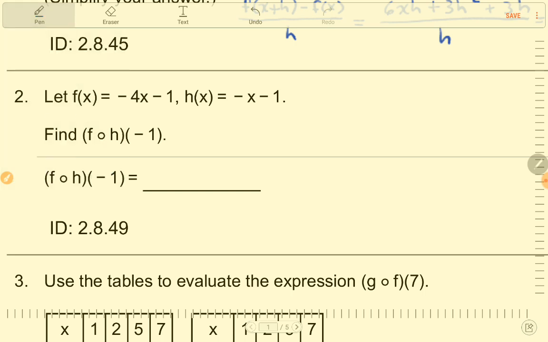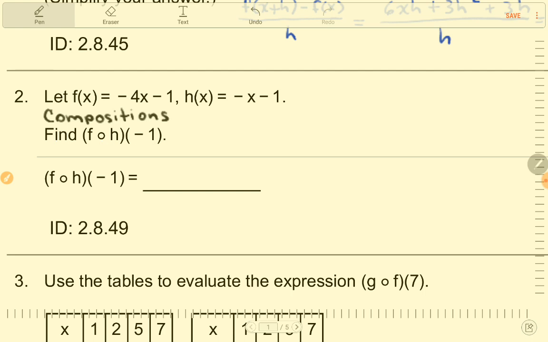This is called composition of functions. So when we read this, it reads find f of h of -1.